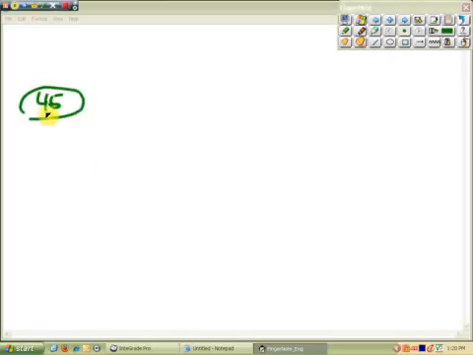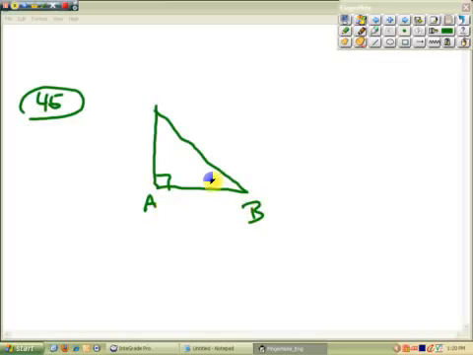45. We have a picture that I have to draw, because if I gotta draw it, you guys should have to draw it. It says we have a right triangle ABC. A is the right angle. B is 45 degrees, so this corner here is 45, which makes this corner 45. And it says AB is 31 feet.